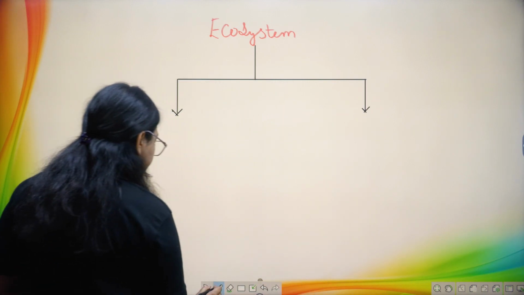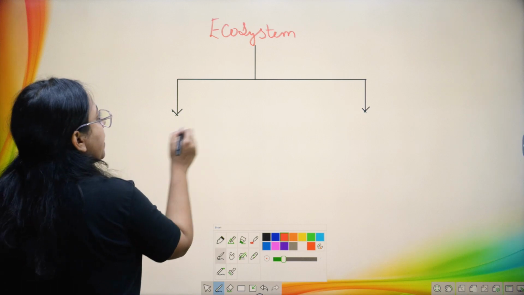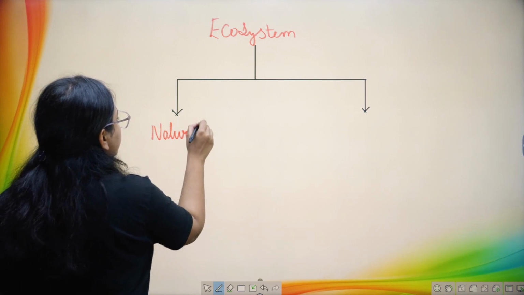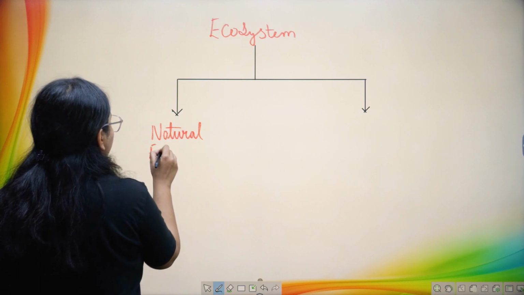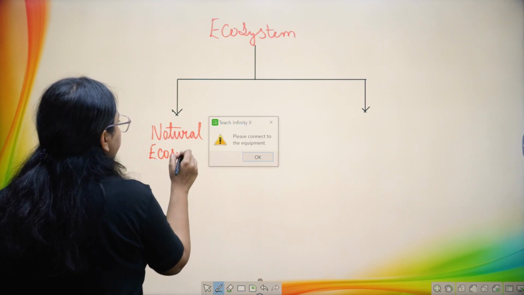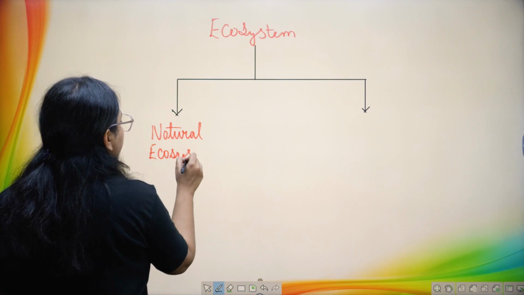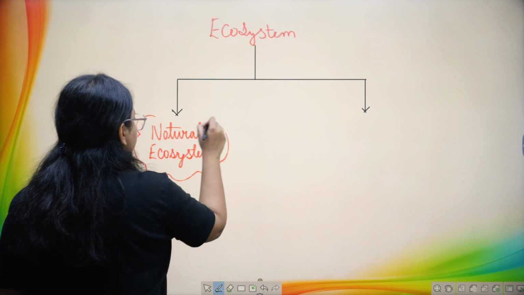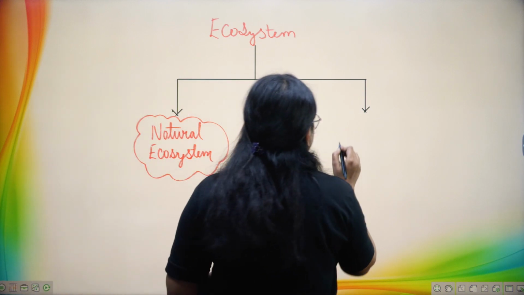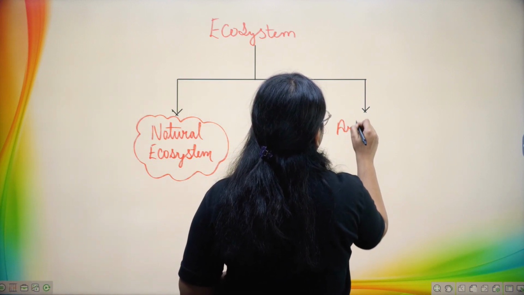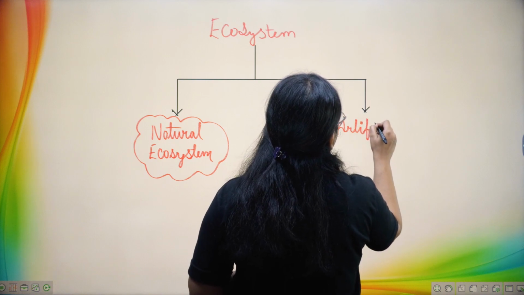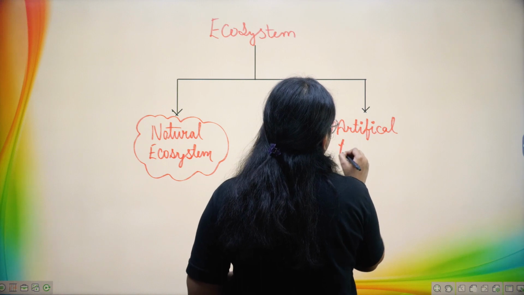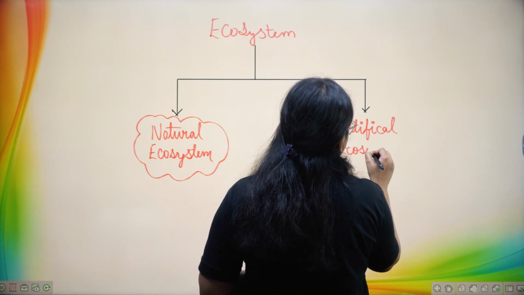First part is natural ecosystem. Okay, this is the first classification. Second classification is artificial ecosystem.